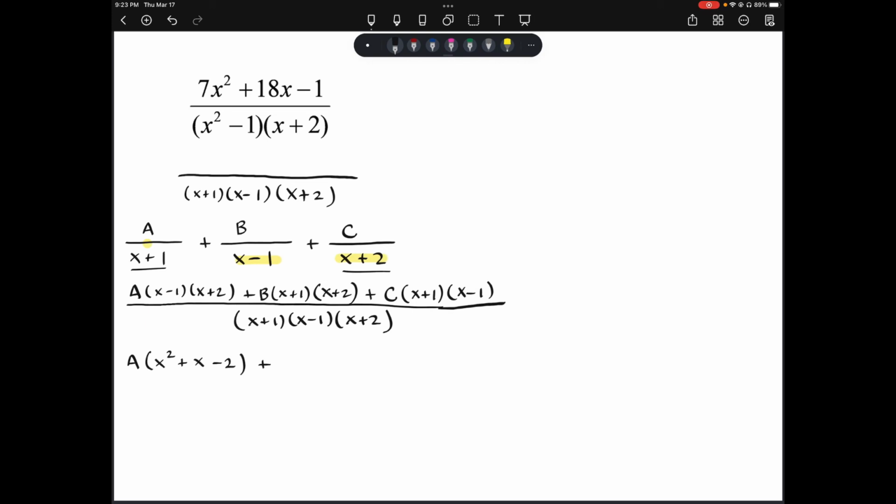For b, we've got it being times x squared plus 3x plus 2. And then for c, we've got times x squared minus 1. Now let's go ahead and simplify that all the way by distributing your a through.